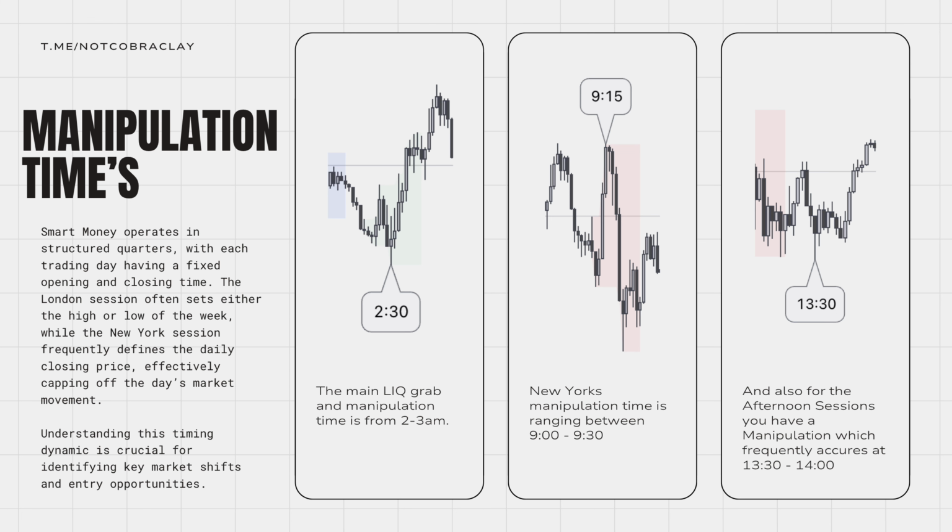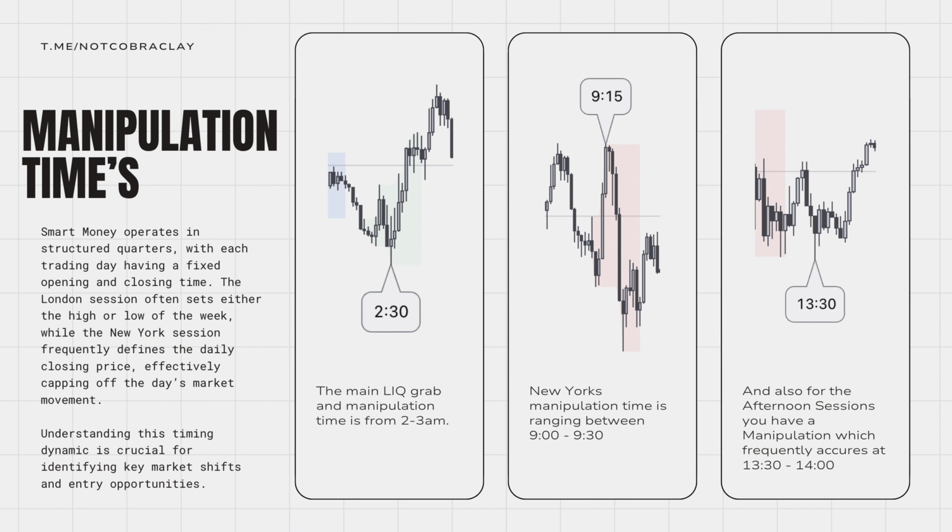The first manipulation time or liquidity grab and manipulation time is from 2 to 3 a.m. So you here see at 2:30 liquidity grab, which may also indicate a Judas swing for those who are a little bit intermediate. New York's manipulation time is ranging between 9 to 9:30, maybe even 9:15 or 10, sometimes 8:30, but we will hop over that later.